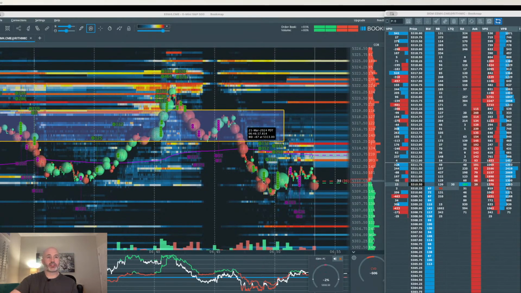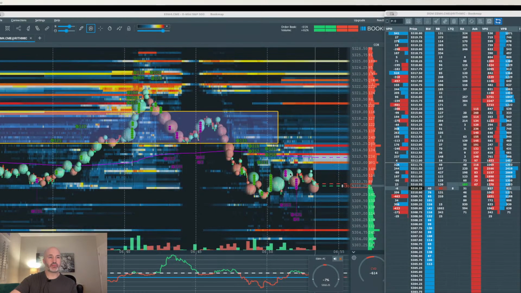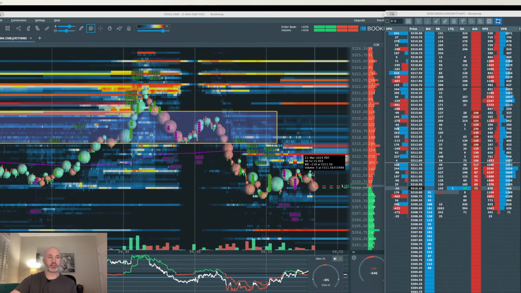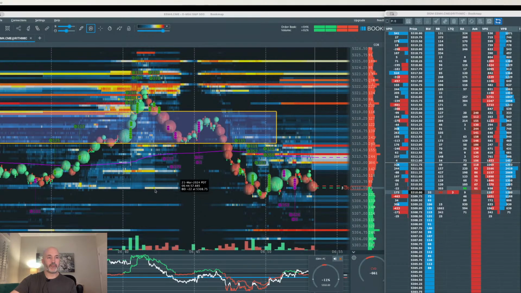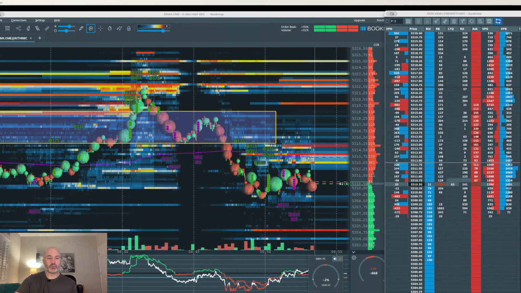Yeah, buyer exhaustion is happening here. You see these small dots, buyers are starting to run out of steam. Or would I take profit if I got in here?